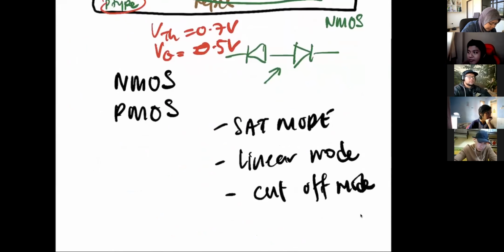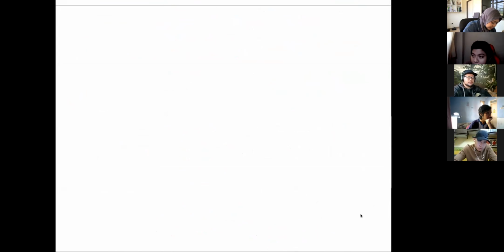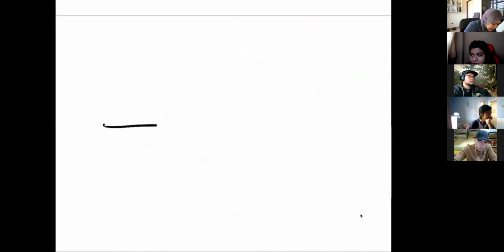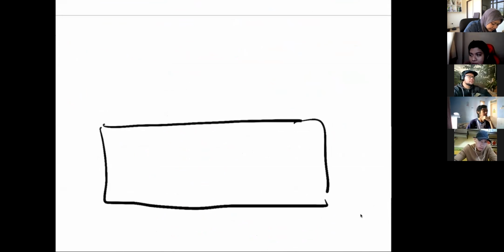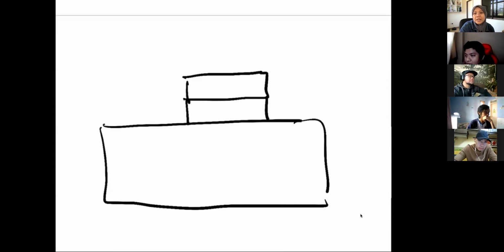Let's draw it afresh. You need to know how to draw this diagram, the 2D diagram. Many students, I keep on repeating this every semester, and interestingly, every semester some student makes this mistake. You know what's the mistake?